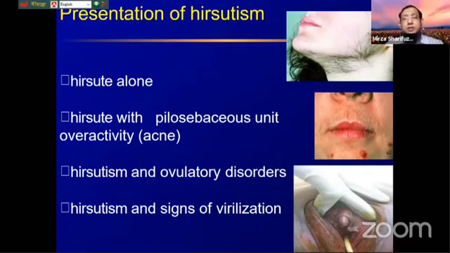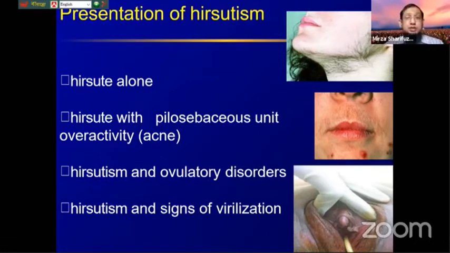Then how will the patient with hirsutism present? As we know, the patient has excess hair growth. The patient may come with just excess hair growth for cosmetic purposes, but the patient may have other evidence of androgen excess. Excess proliferation of the pilosebaceous unit may lead to acne. And the patient may have an ovulatory disorder. If so, the patient will have irregular menstruation, commonly oligomenorrhea.